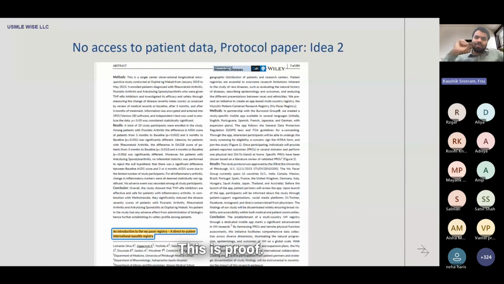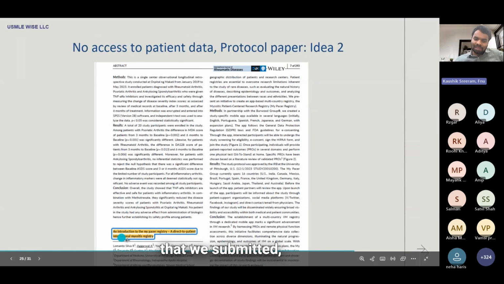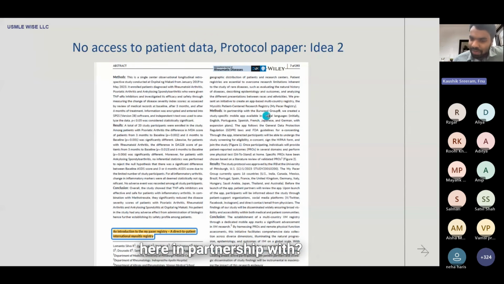This is proof. This is an abstract that we submitted, an introduction to the MyPacer registry, a direct-to-patient international myositis registry. If you look at the methods, what have we done over here? In partnership with a company, we created a study-specific mobile app in several languages. This app follows the GDPR laws and FDA guidelines for e-consenting.